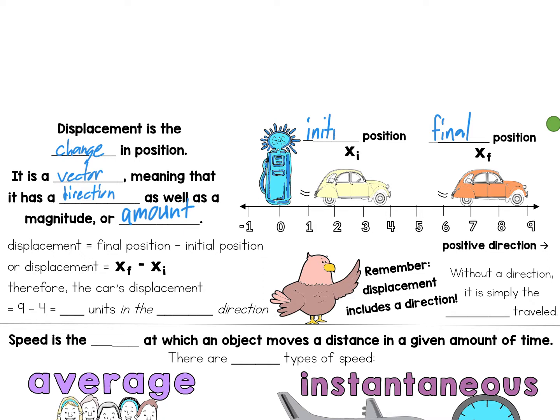Therefore, the car's displacement in the picture on the right will be 9 minus 4, which equals 5 units in the positive direction. Remember, displacement includes a direction. Without a direction, it is simply the distance traveled.